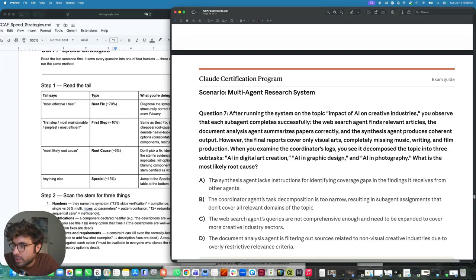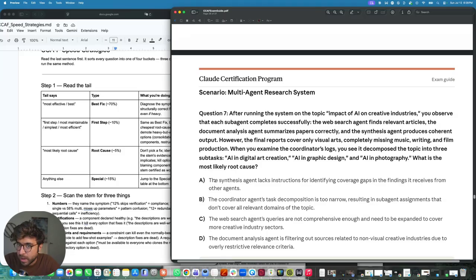Answer 1, synthesis agent lacks instruction for identifying coverage. Okay, blaming synthesis agent can't be correct. Coordinator agent's task decomposition is too narrow, resulting in sub-agent assignments that don't cover all relevant domains of the topic. That's got to be our answer right there. But for sanity's sake, let's keep reading through. Web search agent's queries are not comprehensive enough.